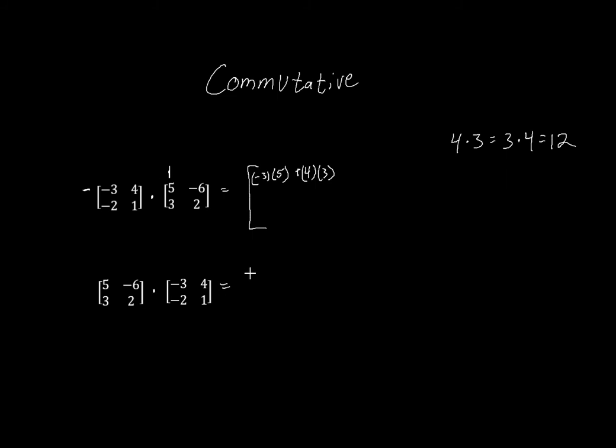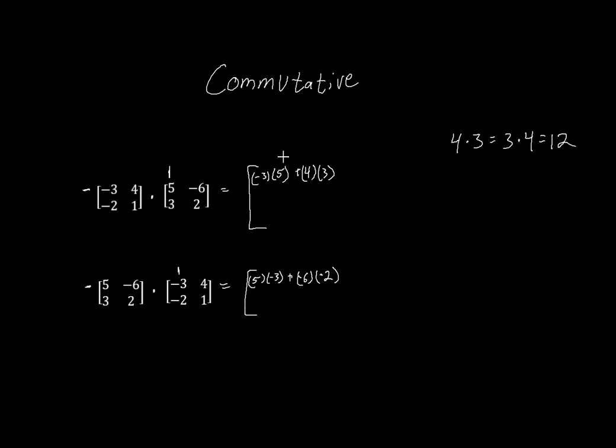So I'm just going to compare the first entry. If the first entry is the same, then I'll keep going. If it's different, then I know I can stop. In this case, row 1, column 1, we do 5 times negative 3. So far we're off to a good start. Plus, row 1, negative 6 times negative 2. Oh, and we start getting things that are a little bit different.